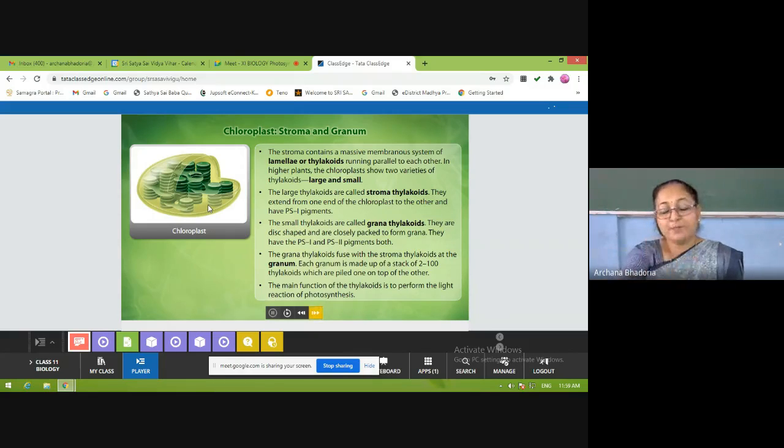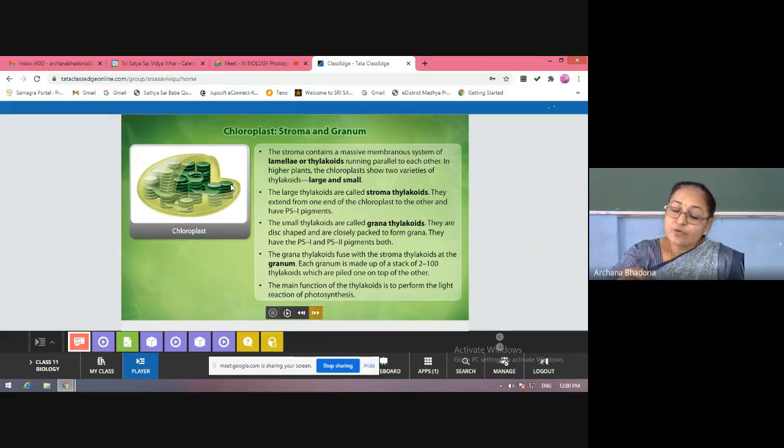Now function, put the subheading: function. Inside the thylakoids, the chlorophyll pigment molecules are present in the quantasomes. This we have done already, that the quantasomes, when you cut open, have bead-like structures, and each quantasome contains 230 pigment molecules.